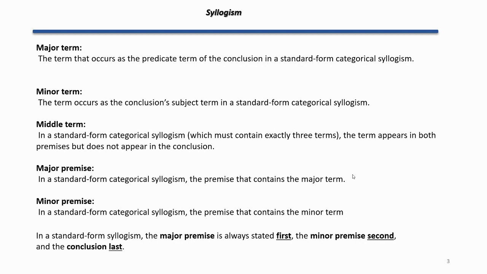First I will say the major term and major premise. First, subject and predicate. There are two parts in a premise. One is the subject, and one is the predicate.